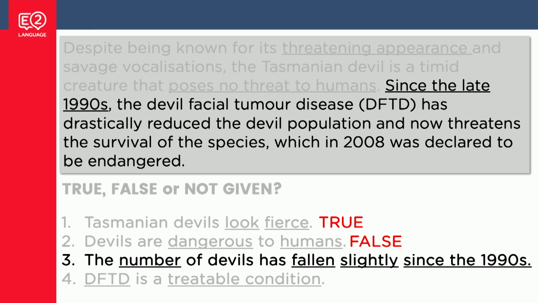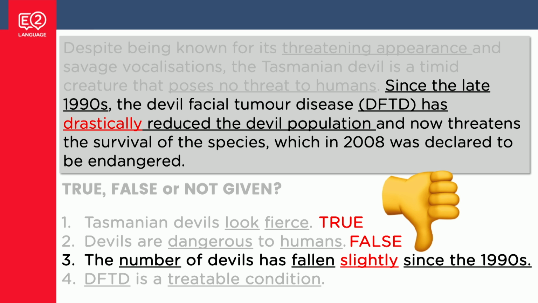So the number of devils has fallen since the 1990s. Yes, it has reduced, but has it fallen slightly? The text says it has fallen drastically. This is significantly. So this makes the answer false. It hasn't fallen slightly. It's fallen drastically, dramatically.